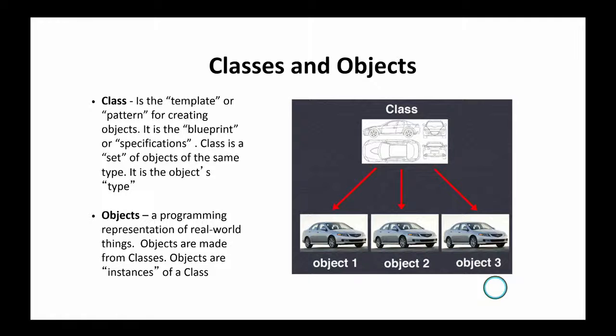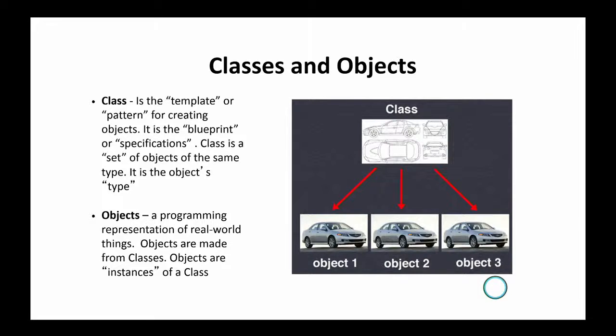So if I could define what a class is: the template or the pattern for creating objects. So we create objects from the class. The class is created first and the objects are created from the class. Or another way of saying it, it is the blueprint or specifications.